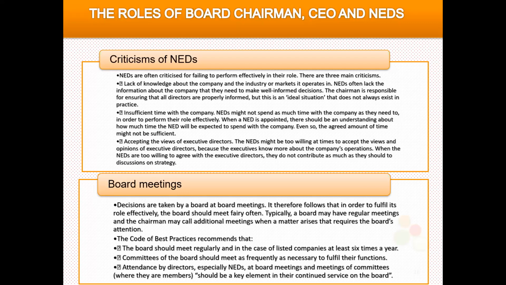Lack of knowledge about the company and the industry or markets it operates in, that's an issue. Sometimes the NEDs are experienced, but in terms of the relevant knowledge about that company and that industry, sometimes they don't seem to have it.